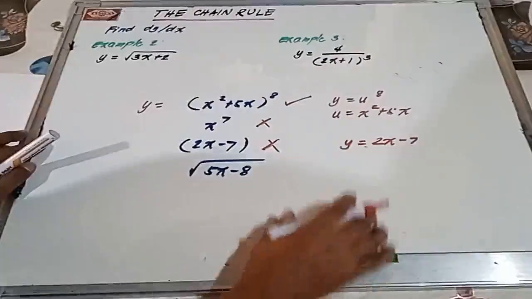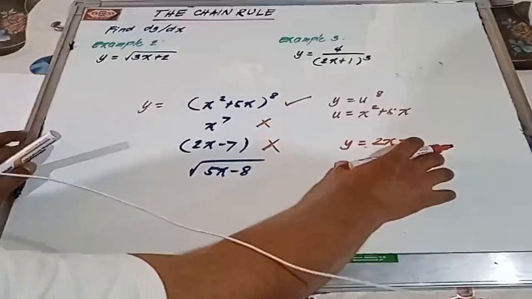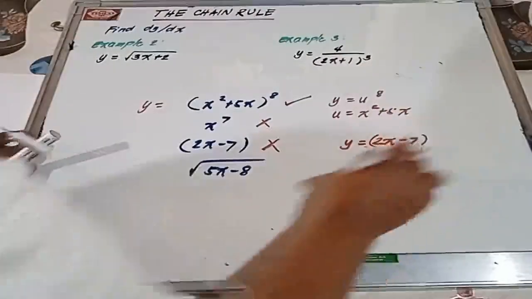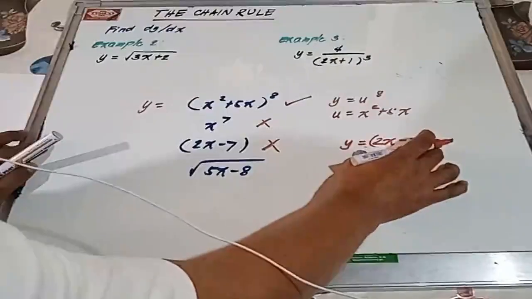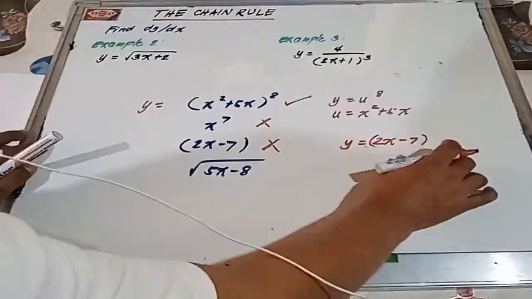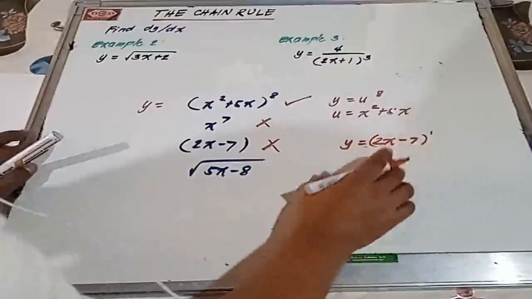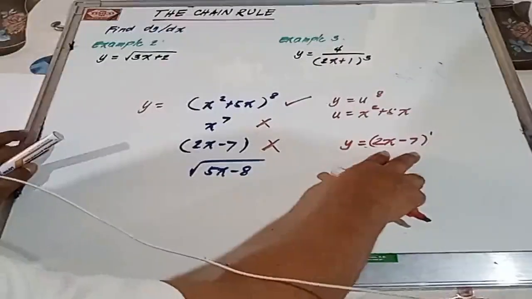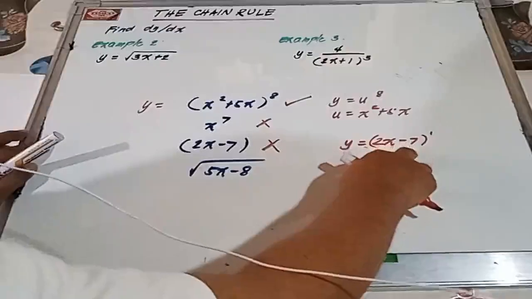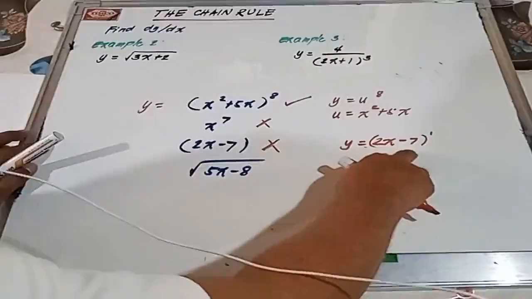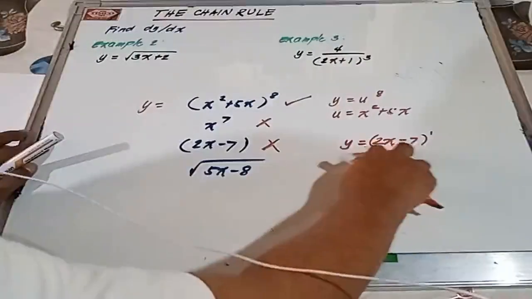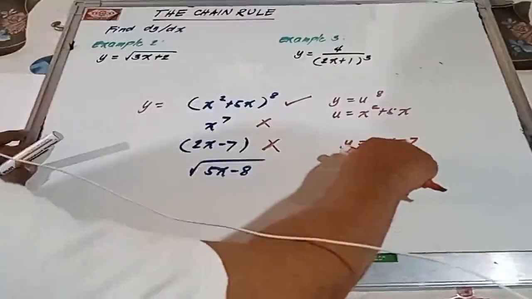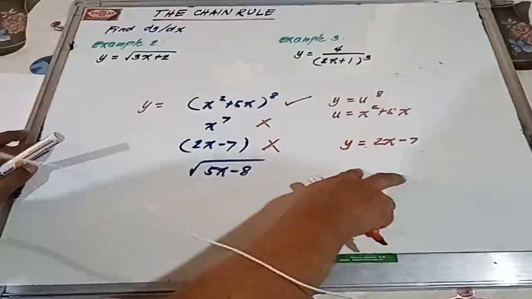Kahit hindi na gamitan ng chain rule because this is already y is a function of x wherein we can determine its derivative. The derivative of this function, if we have a parenthesis, derivative of the outside times derivative of the inside, it is useless to use the chain rule of differentiation because pwede na rin natin makuha ang derivative nito without using the chain rule, kasi pwede nang diretsong tanggalin yung power of 1 and we can directly get the derivative of y with respect to x.